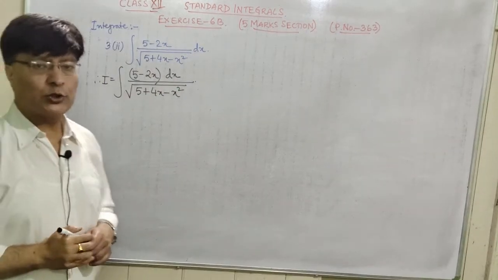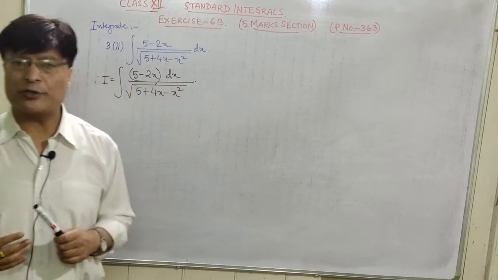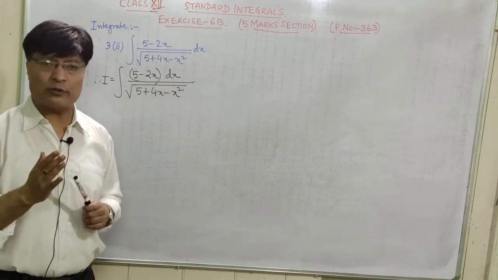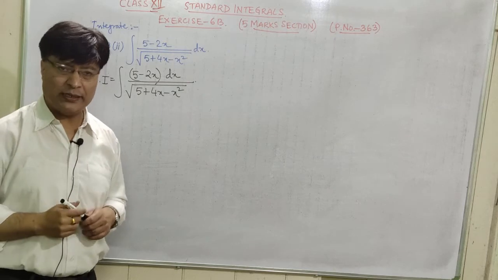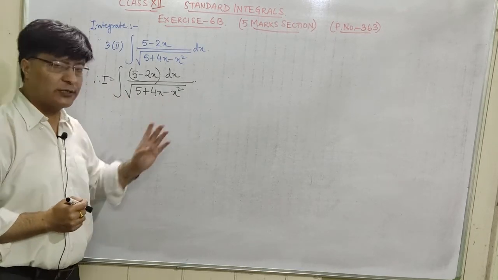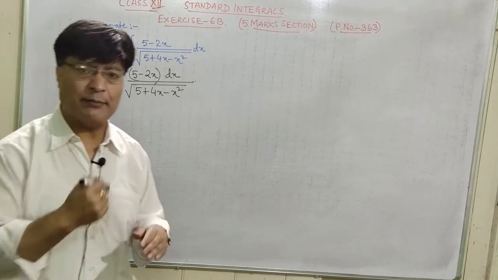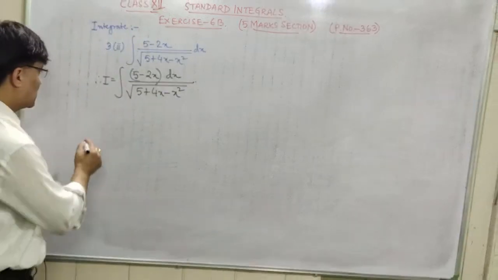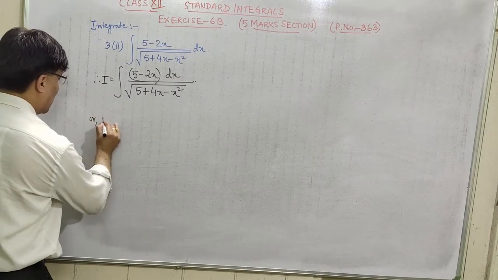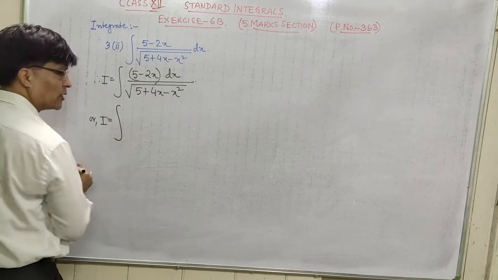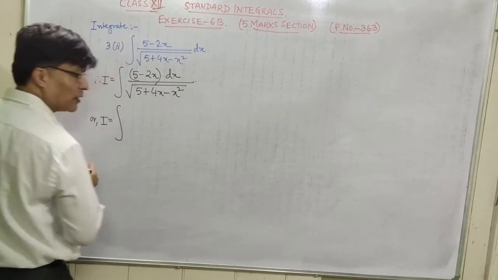Okay. So let us write down the differentiation of the expression which is on the square root in the numerator. The differentiation of the expression inside the square root, we write in the numerator. Okay.